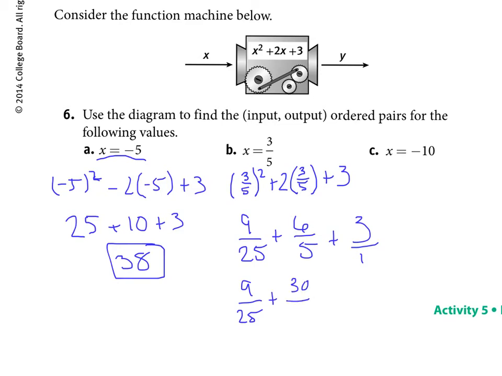I multiply the bottom times 5, and I get 25. This one, since my denominator is 1, I need to multiply by 25. So multiply the top times 25, and that's 75 over 25. Now that they all have a common denominator, I can add them. If you add up all the numerators, it looks like you're going to get 114 over 25.